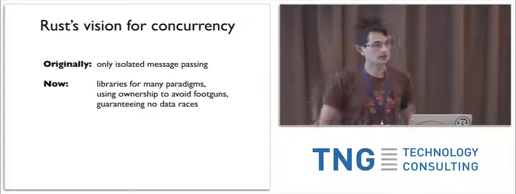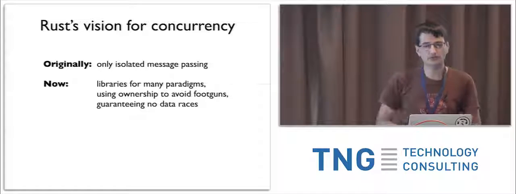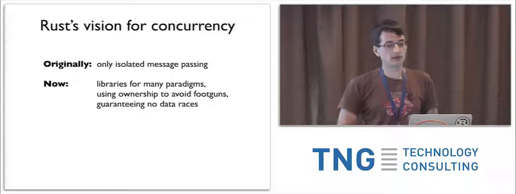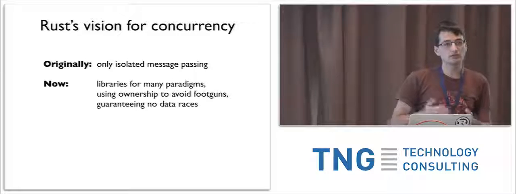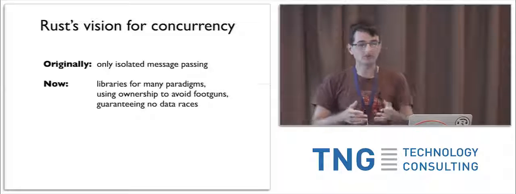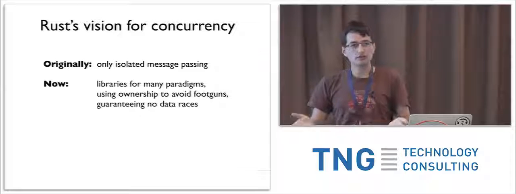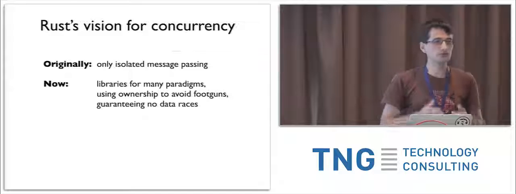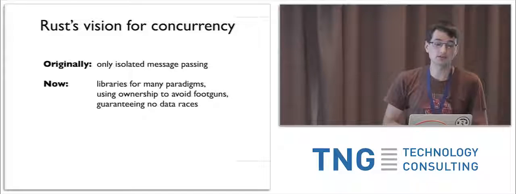For example, there are locks, there are atomically reference-counted pointers, there's all these fancy things, and we as the standard library decided to start providing them. We can do this using ownership and borrowing in a way that has the same guarantees as channels and message passing, which is that there are no data races. There are very few bugs. You can really avoid almost all footguns just by using these types and the safe APIs that they provide.